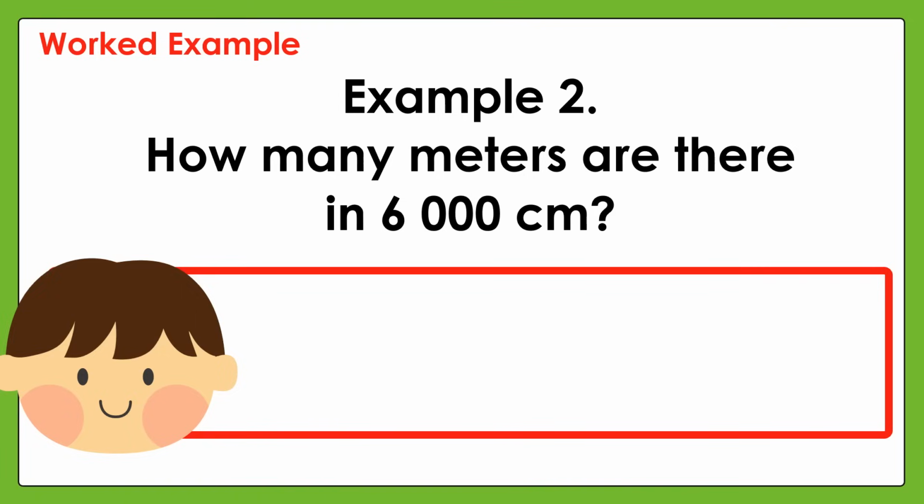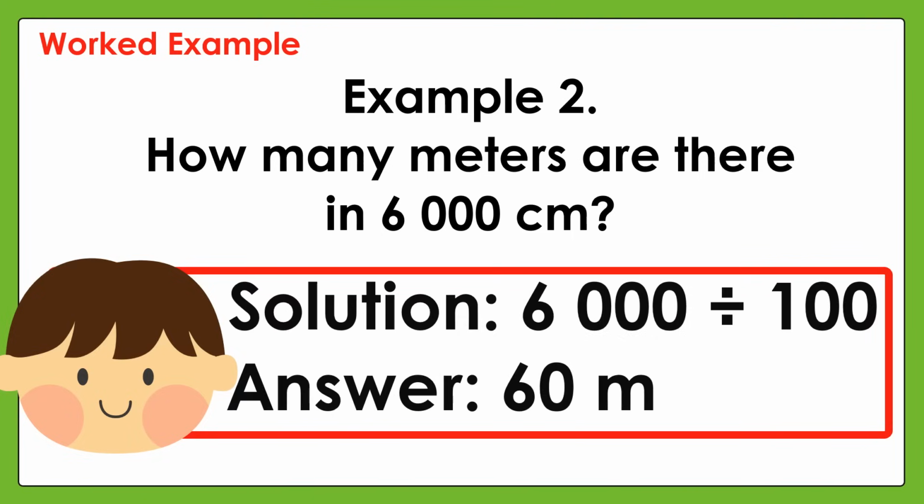Example number 2. How many meters are there in 6,000 centimeters? Solution: 6,000 divided by 100. The answer, 60 meters.